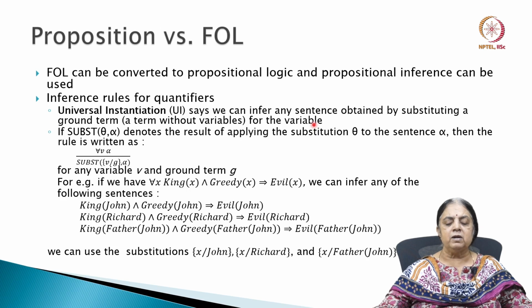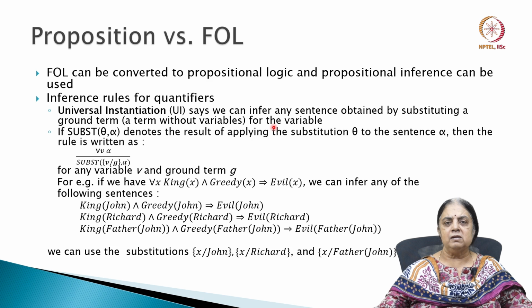So what do you mean by a ground term? If x is a variable, but you have a term without any variable, then it is known as a ground term. For example, you can substitute for x, say John, and then you can remove the universal quantifier.